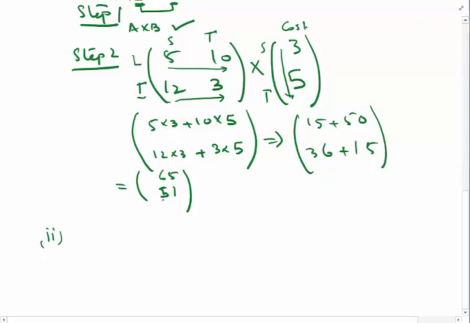In our previous lecture, we discussed that the resultant matrix always inherits the number of rows of the first and the number of columns of the second. So the order of the resultant matrix is 2 by 1, meaning the number of rows of the first and the number of columns of the second.